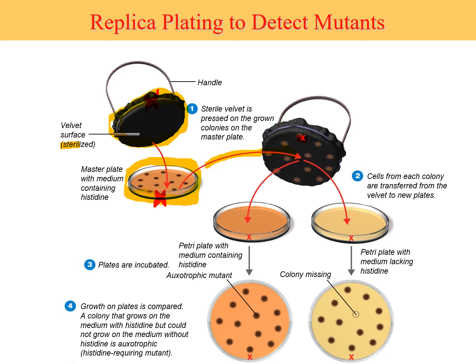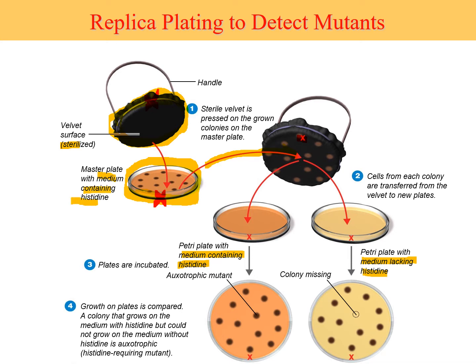In this example, we're looking at a mutation in a gene which allows an organism to grow in the absence of histidine. So if it cannot grow in medium lacking histidine, it has a particular mutation. All of these need to be growing in medium containing histidine.